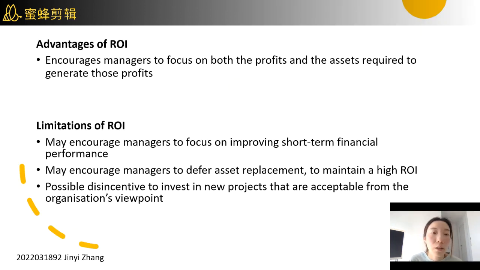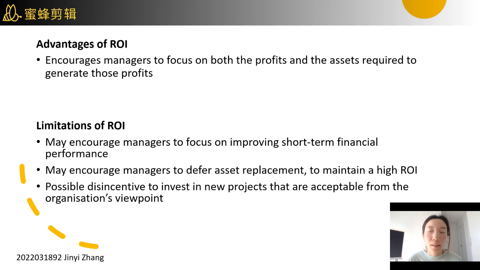Then let's have a look at the advantages and the limitations of the ROI measure. The ROI measure can encourage managers to focus on both the profits and the assets required to generate those profits. However, this measure may also encourage managers to focus on improving short-term financial performance, just like the case we provided before.